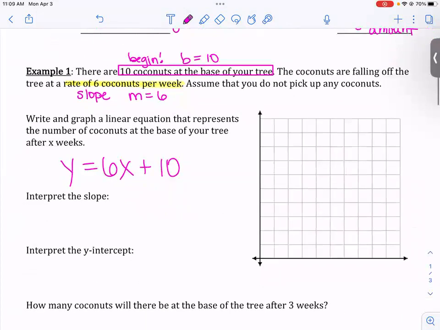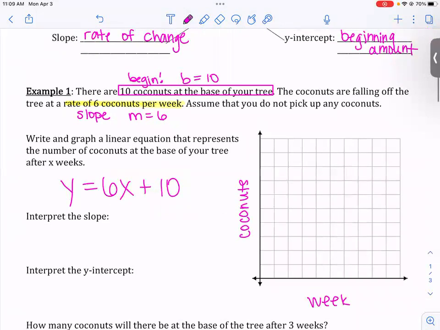We're counting how many coconuts per week, so we are going to label our y-axis coconuts and our x-axis per week. Remember your slope is rise over run.